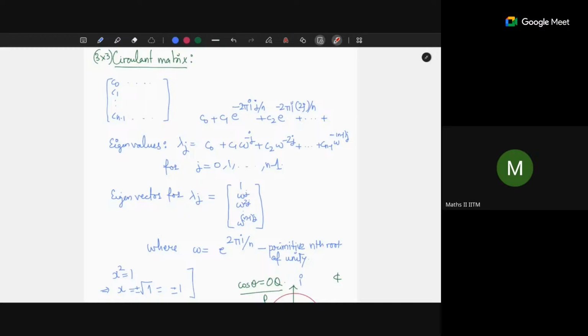If you have some other matrix which is not circulant, then it is very difficult because you need to compute the determinant and find the roots of a polynomial. You will always find roots, but finding them is a difficult task. In the circulant case, you already know the eigenvalues and eigenvectors, so you just fill in these details and you will get the answer.